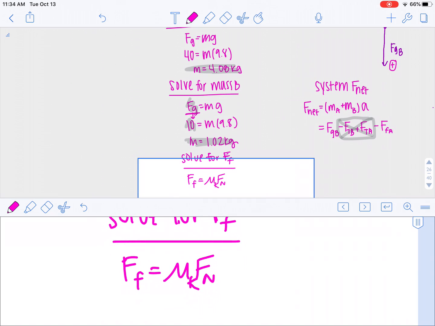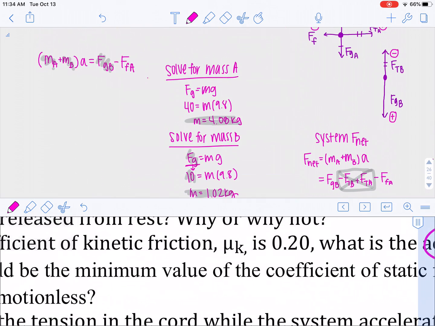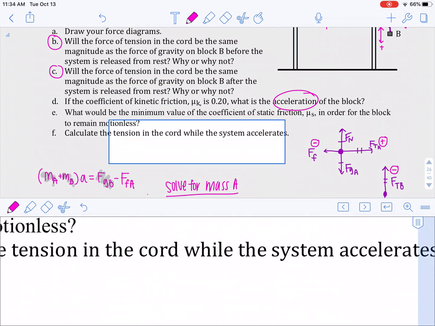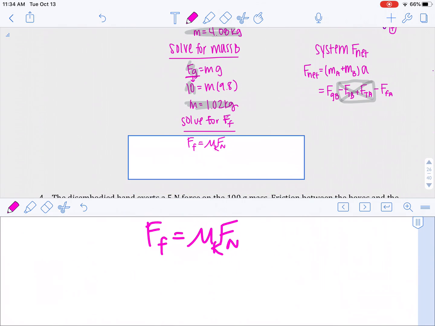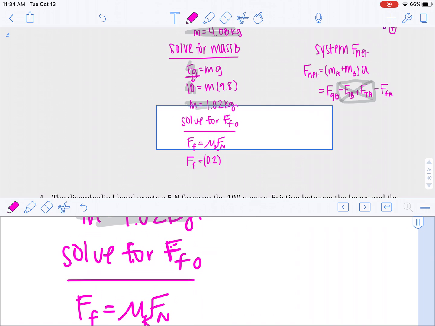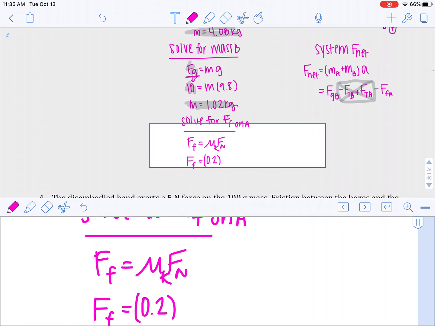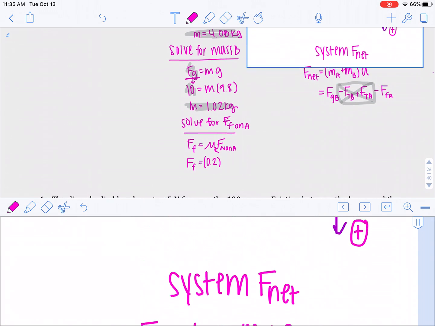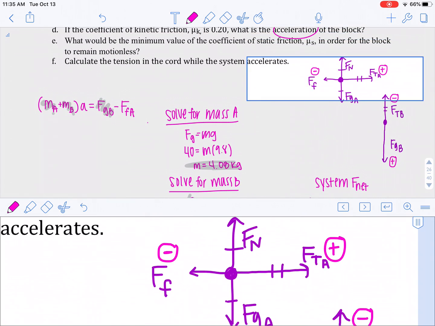So the coefficient we are given as 0.2 in the problem. And I'm going to need the normal force to get the force of friction. And this is the force of friction on A. So if I'm looking for the force of friction on A, this normal force needs to be the normal force on A. So I'm going to look at my FBD for A.